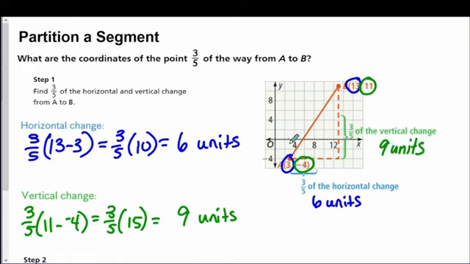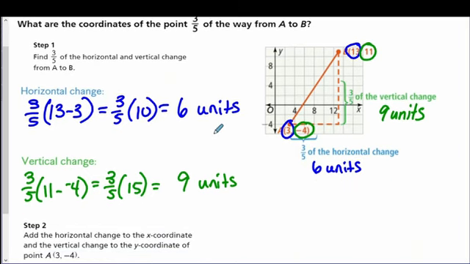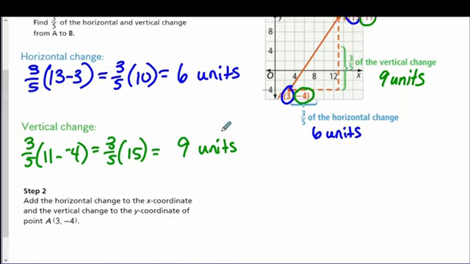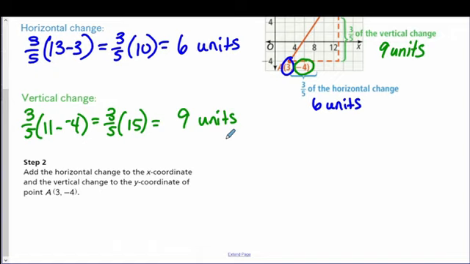So the next step will be finding the actual coordinates of these. We know that we need to go 6 units to the right, and we need to go 9 units up. So where would that be from point A? Well, we're going to add our 6 units to our x value. So that'll move us 6 units to the right, which would be 9.